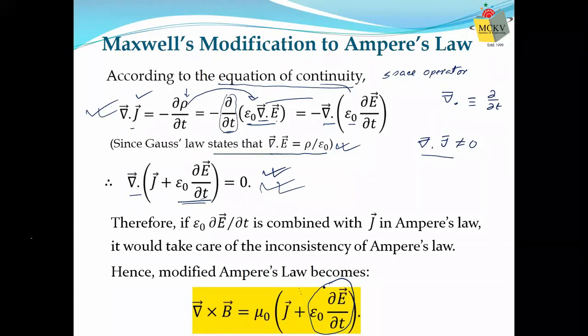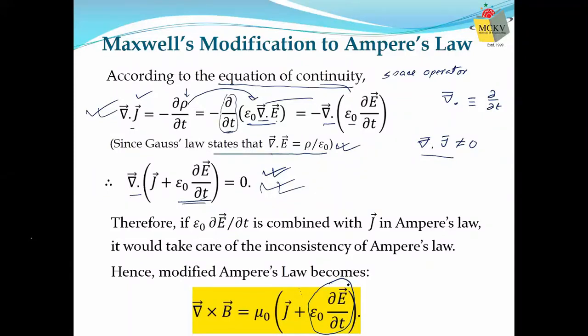And in doing so, we observe that the inconsistency in Ampere's law is now removed. Because if I take divergence on both sides, under any situation, both sides will be 0. The left hand side will be 0 because divergence of curl of any vector is 0. And the right hand side will be 0 because we observed from the equation of continuity and Gauss law that divergence of J plus epsilon naught del E del T is always 0. So though divergence of J was not 0, divergence of this whole thing is always 0.